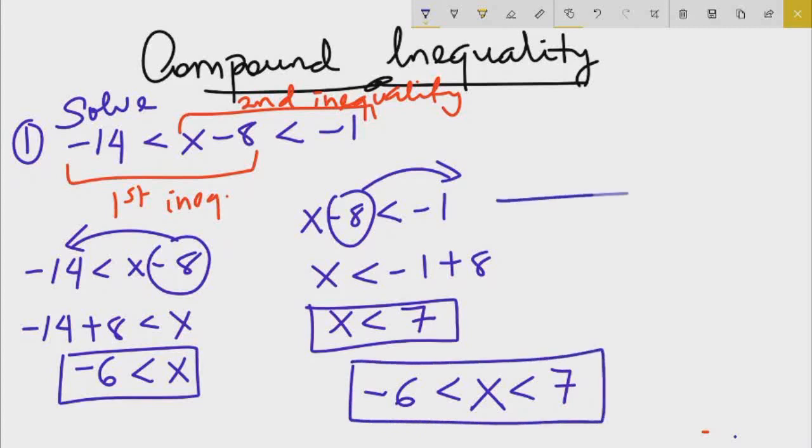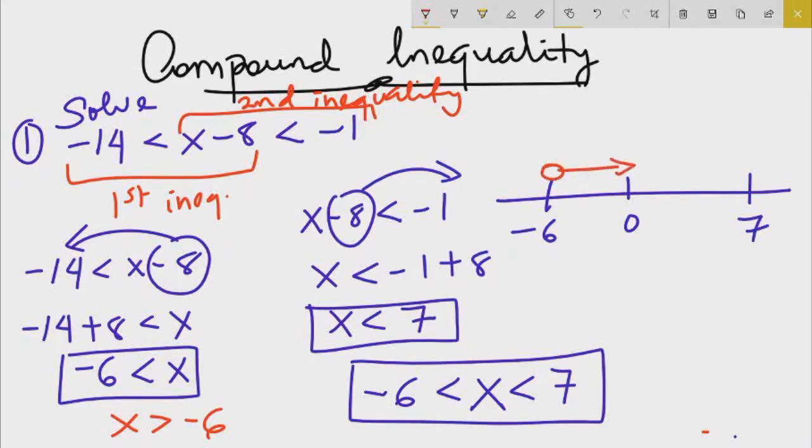So we can graph the solution. This is -6 and 7, and 0 is somewhere in between them. Before we plot, -6 is less than x means x is greater than -6. So we are on -6 with an open circle, going towards the right.